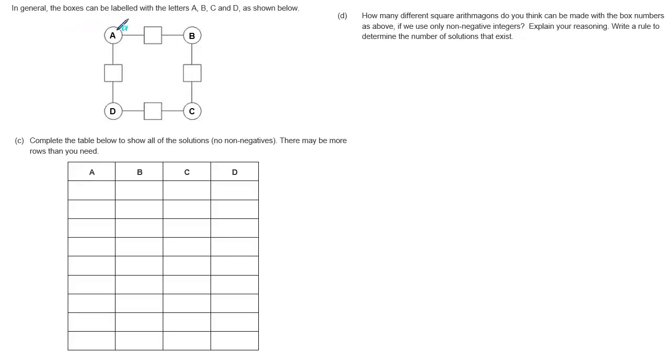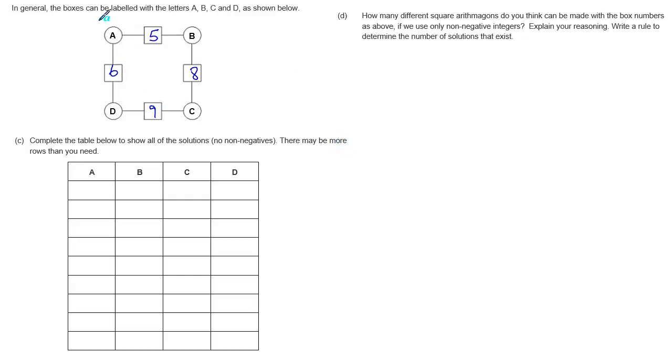In general, the boxes can be labelled with the letters A, B, C and D as shown below. Complete the table below to show all of the solutions, no non-negatives. There may be more rows than you need. So remember, this one had a 5 here, we had an 8 here, a 9 here, and a 6 here.